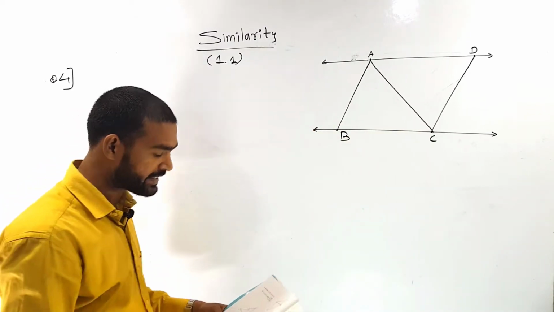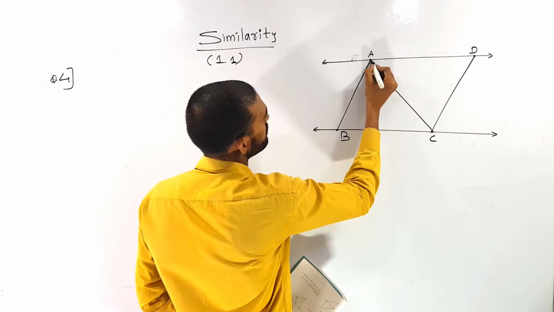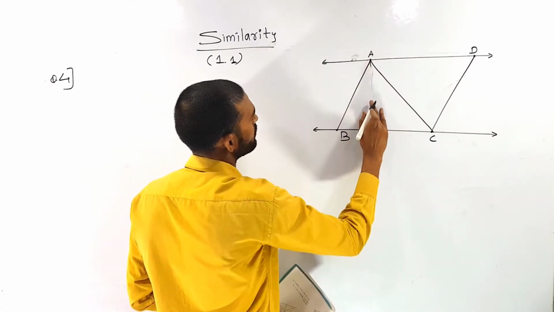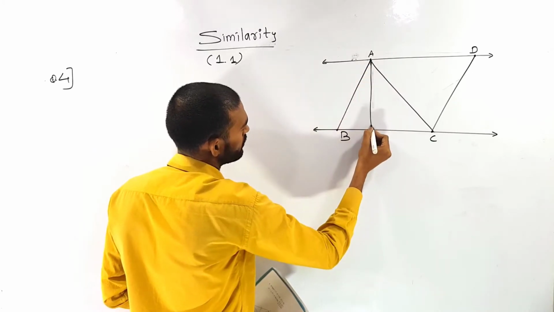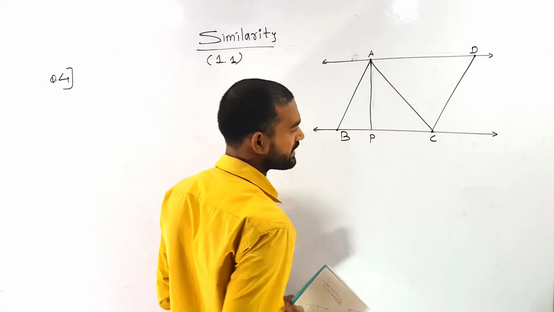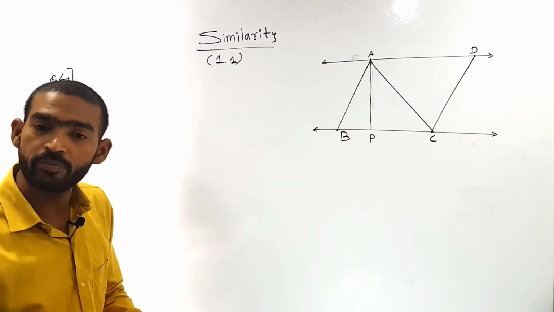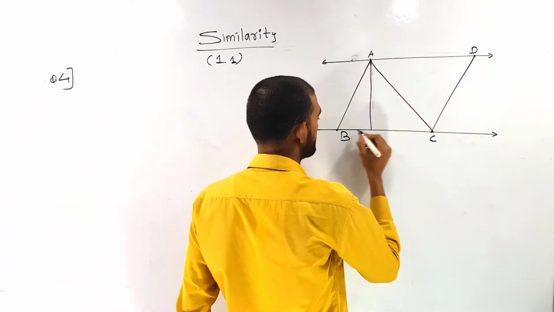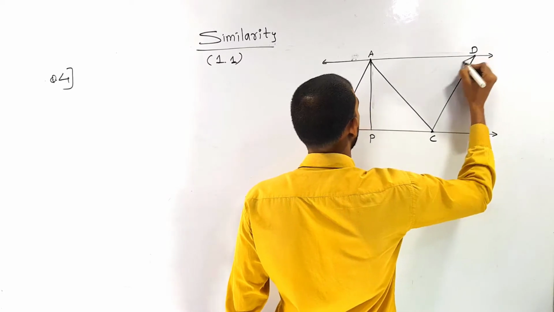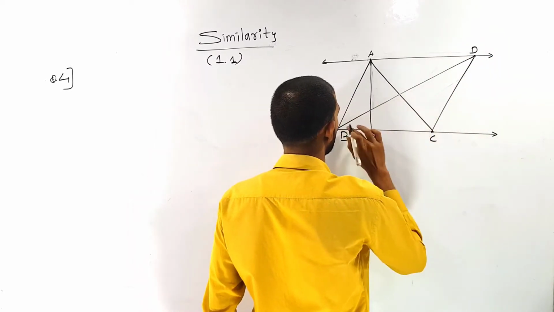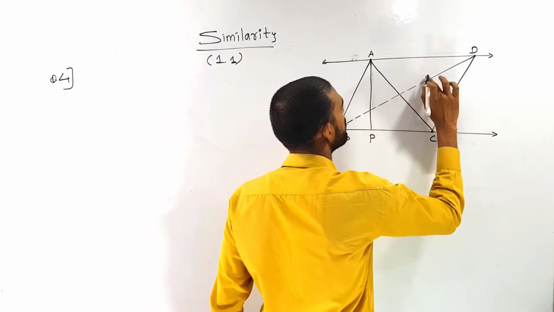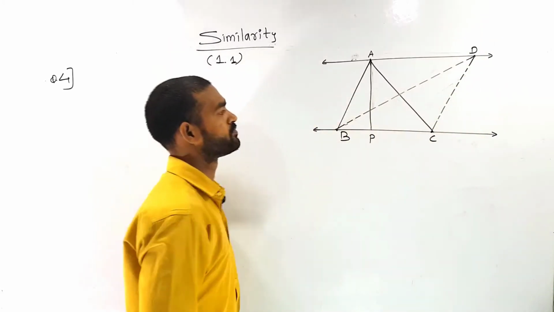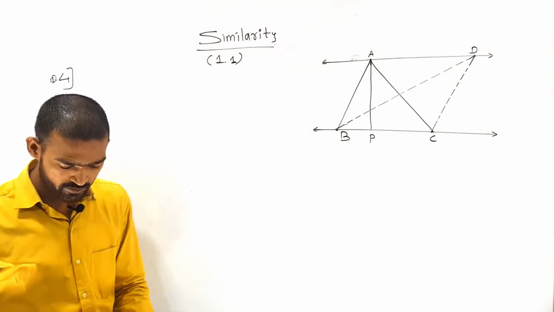It has height AP. We have one more triangle, DCB. Look, DCB. This is my other triangle. Clear, students?